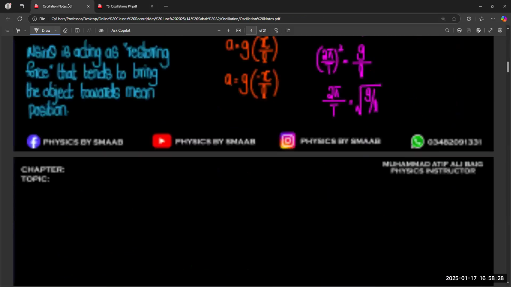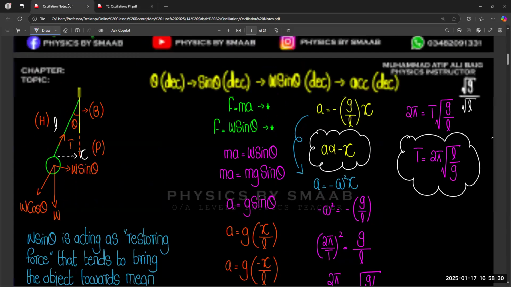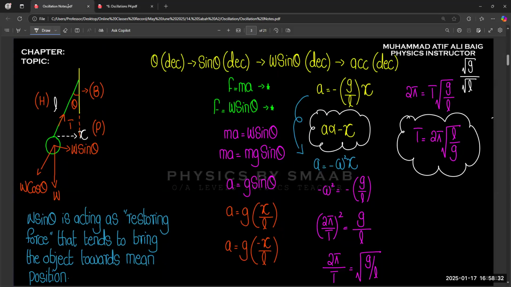You remember we tried so many equations, and in these equations, we used to write that a is directly proportional to minus x, and when we remove that proportionality sign, we got the constant value omega square, right? a is equal to minus omega square x.